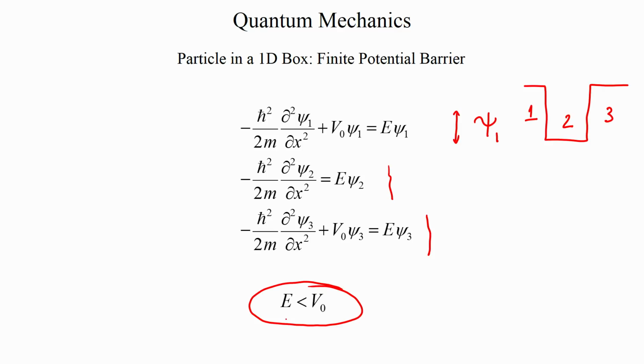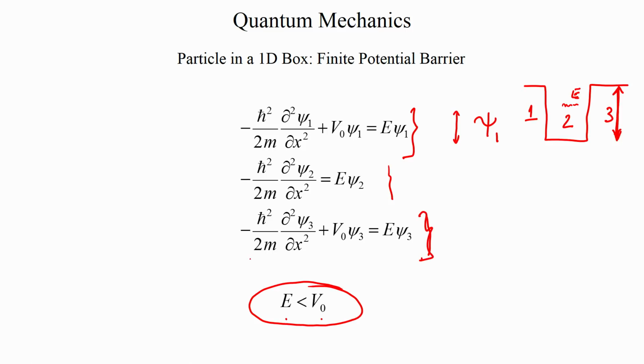By saying that E is less than V naught, we are saying that yes, the particle does exist somewhere, and it has a total energy E, and that total energy E is less than the potential height in region 3. And we have still gone on to write Schrodinger's equation in the manner shown here.